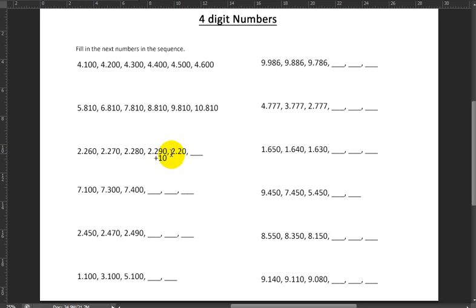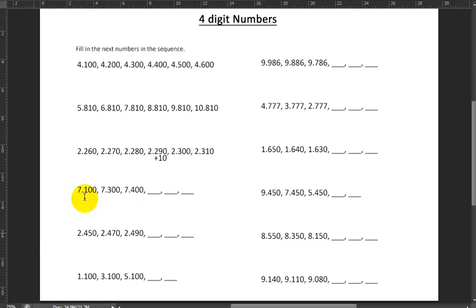What would we do? 0 and 0 makes 0, 9 and 1 makes 10, so I would write 0 and I would carry 1 over to the next digit, the hundreds. So it would become 2,300. And the next one I'd add another 10, make this 2,310.